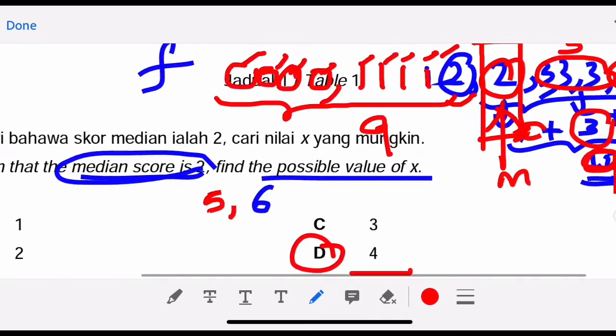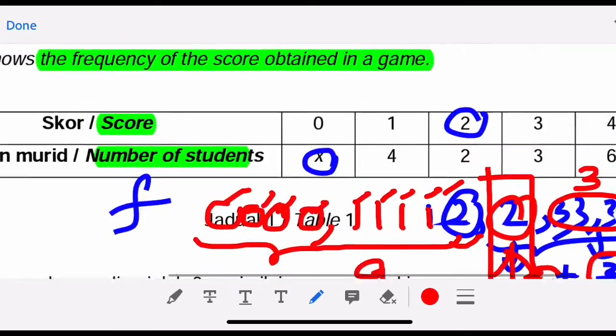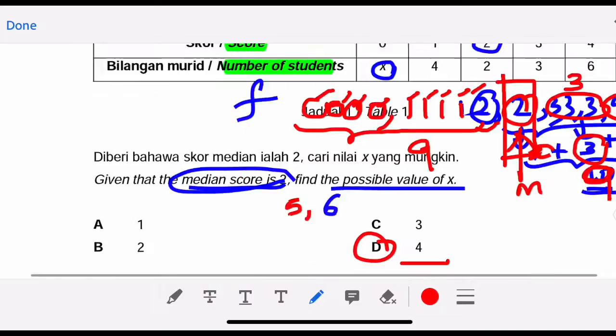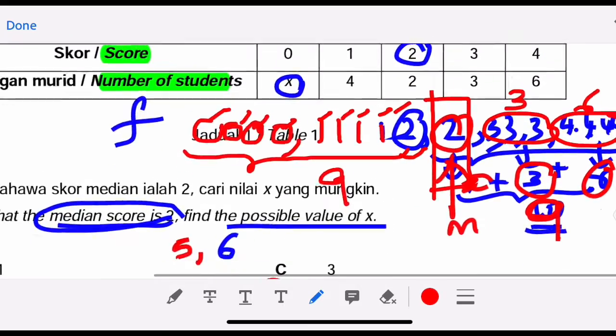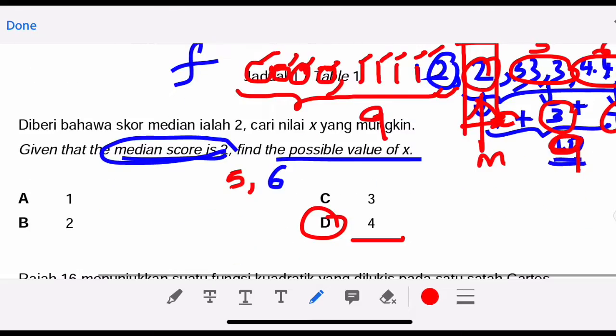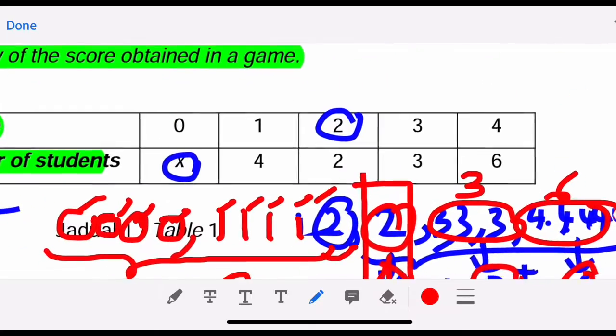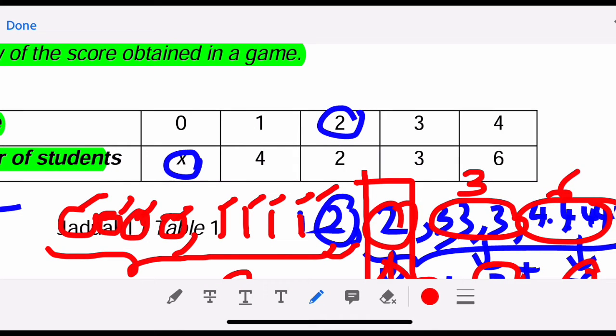So the answer is, do you understand? If you don't understand, you can try to plug in all the possible values from 1, 2, 3, 4, and then you try to figure out the answer. Normally we will try to see the number here, 3 plus 6 will be 9.